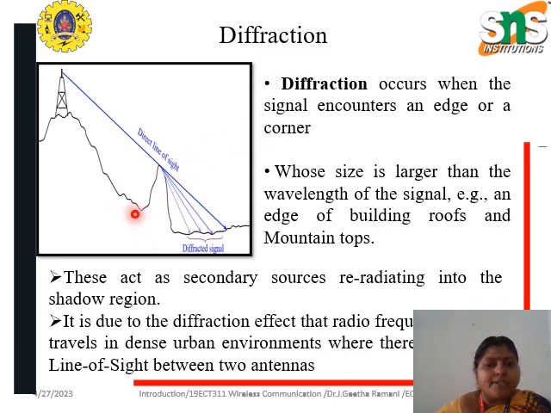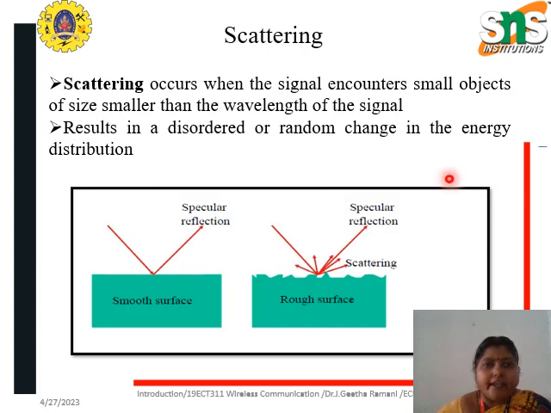Suppose there is no line of sight between the antennas in urban areas, this diffraction effect will carry the radio waves to the unreached places. And about scattering, it occurs when a signal encounters small objects whose size is smaller than the wavelength of the signal.